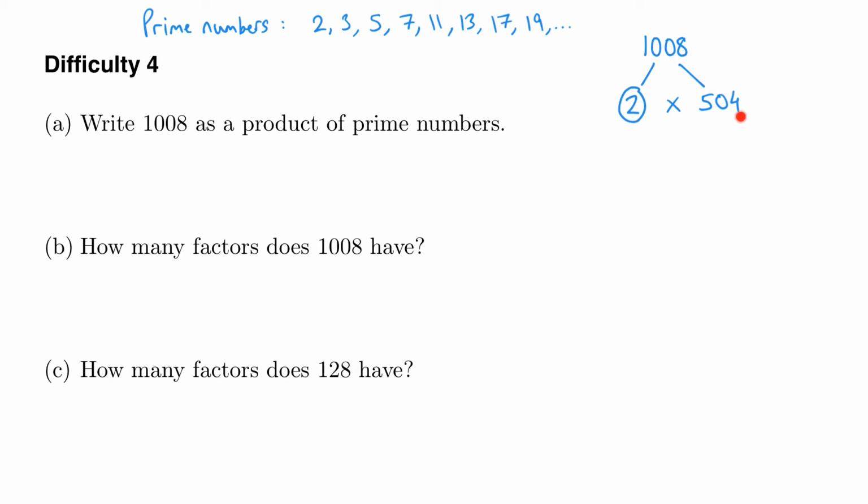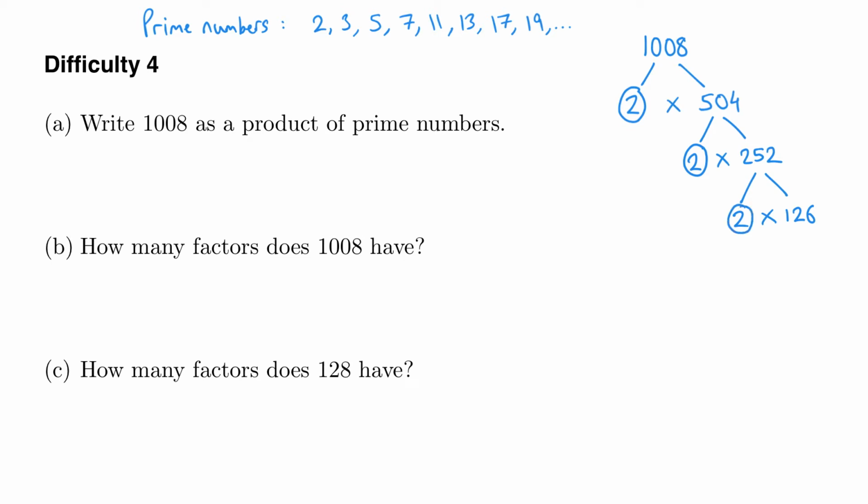Now, 504 is an even number, so I know that 2 will go into that as well. So I'm going to split that into 2 times 252, and I will circle the 2 because that is a prime number. Now, 252, I can divide that by 2 again, and that would be 2 times 126.